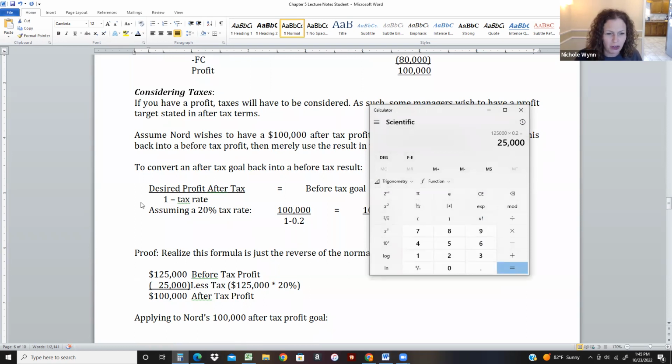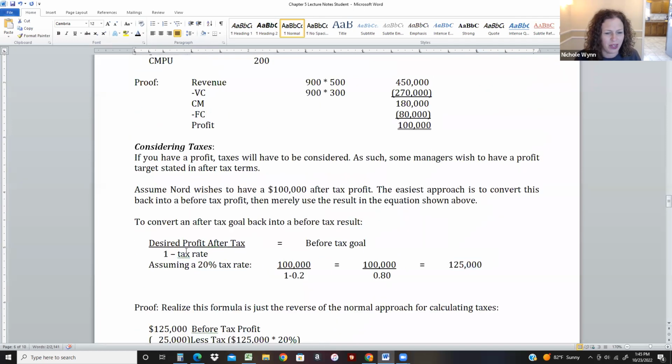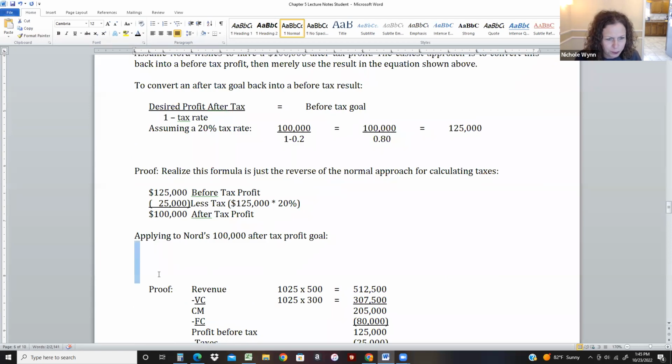So what you do is you use this same profit formula, but we're going to put 125 instead of 100, knowing we're going to have to give some money to the government. So we'll take 125,000 plus 80,000. So this is target profit plus our fixed cost. And then we divide by our CMPU.